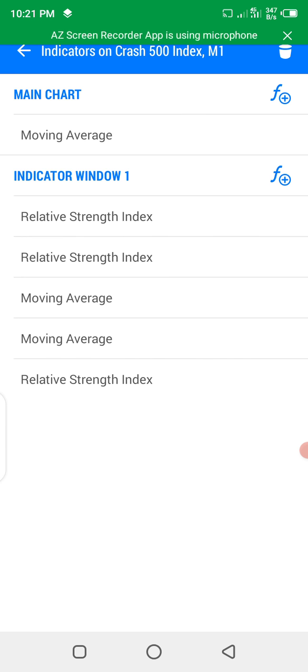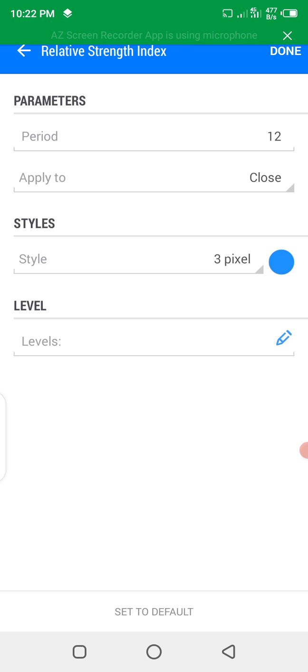In the indicator window 1, we've got relative strength index, relative strength index 2, relative strength index 3, then we have moving average 1 and moving average 2. These are the only indicators in indicator window 1. So for the relative strength index 1, these are the settings.